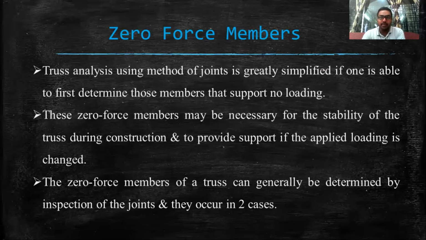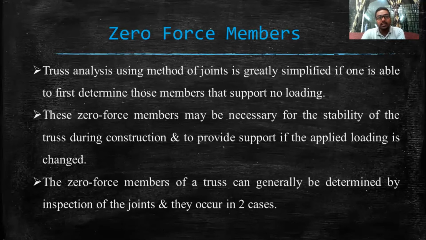Before starting the structural analysis of a particular truss structure, it is very important to identify which member is subjected to zero force. Because if we can identify those members where there is no force at all, then our solution will become very easy, and we can efficiently solve these truss problems.